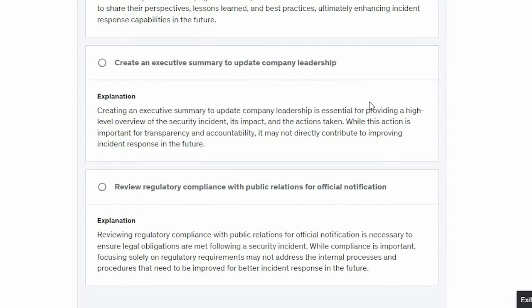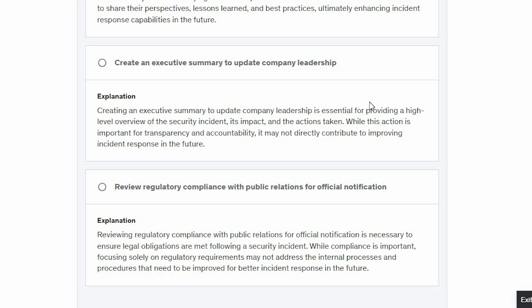Review regulatory compliance with public relations for official notification. Reviewing regulatory compliance with public relations for official notification is necessary to ensure legal obligations are met following a security incident.